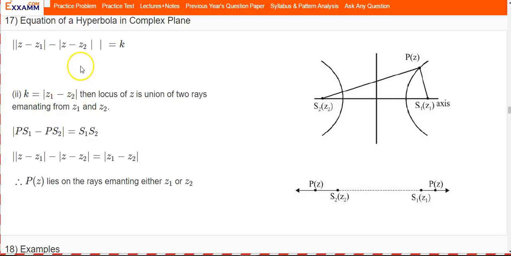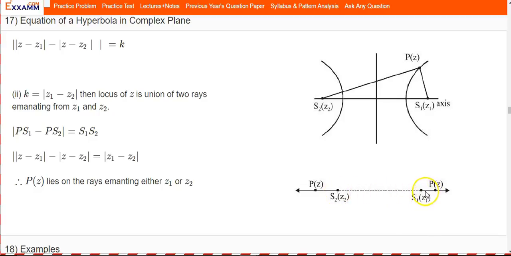But here again the same old condition applies: if k is equal to modulus of z1 minus z2, then in that case P(z) would lie on the rays emanating from either z1 or z2, that is this ray or this particular ray. In case of an ellipse, if modulus of z1 minus z2 was equal to k, then we said that z would lie on the line segment joining z1 and z2.